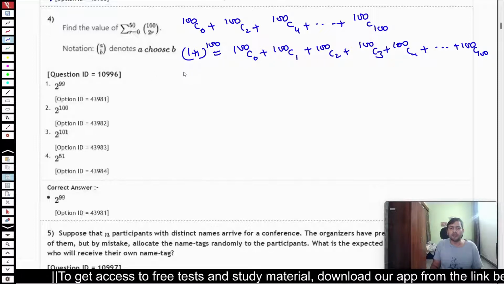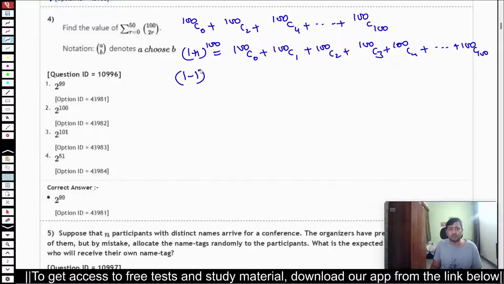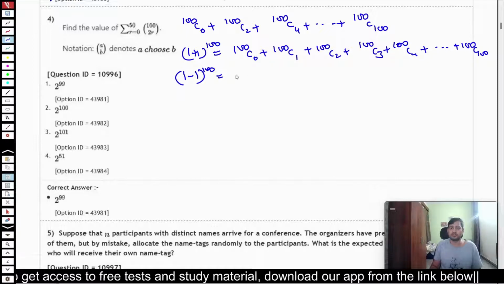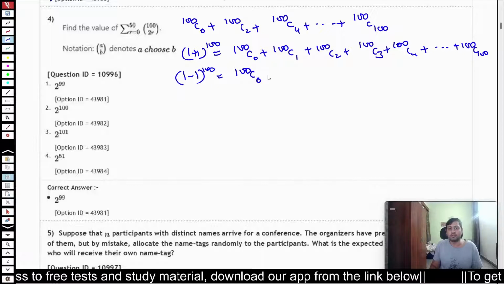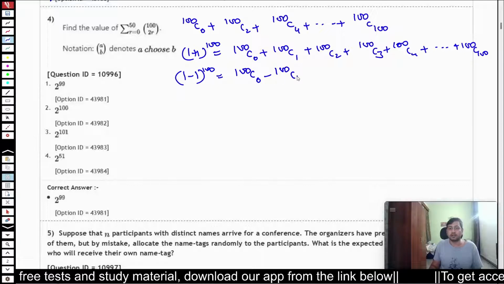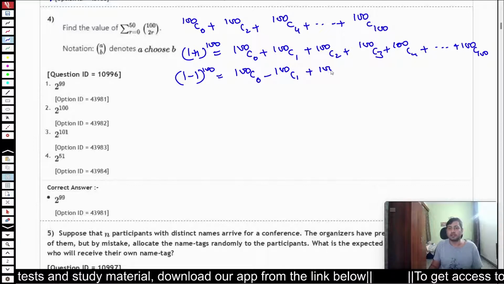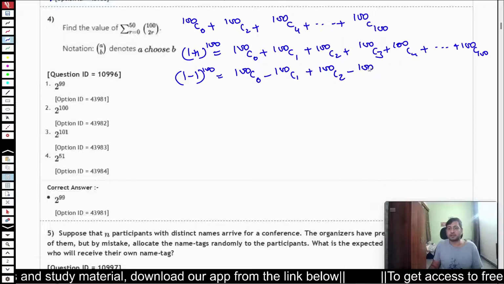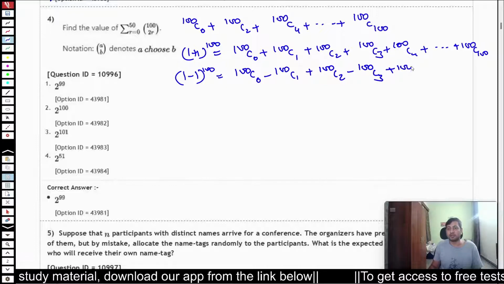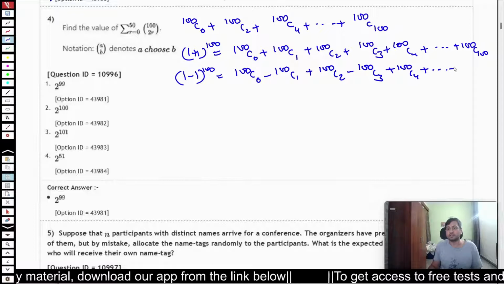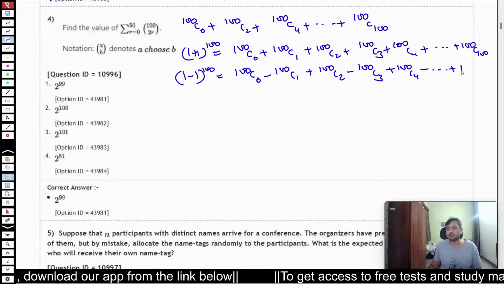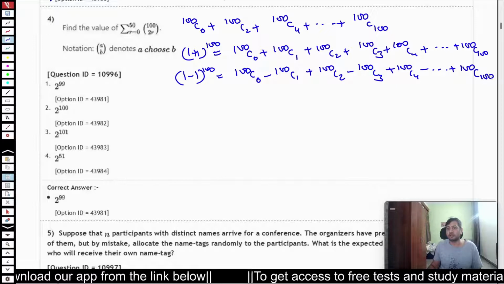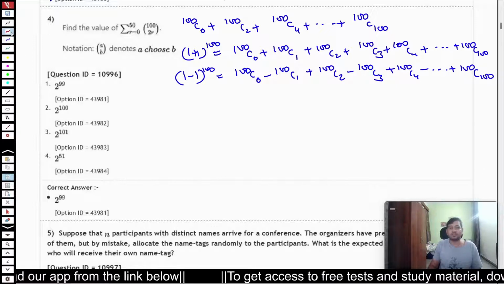Similarly, write down the expansion of (1 minus 1) to the power 100. This is going to be 100C0 minus 100C1 plus 100C2 minus 100C3 plus 100C4, and then minus, and finally plus 100C100.